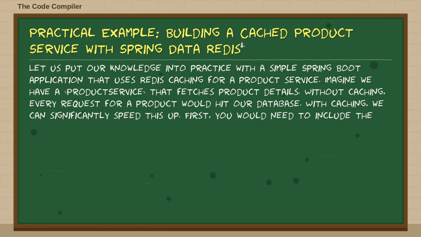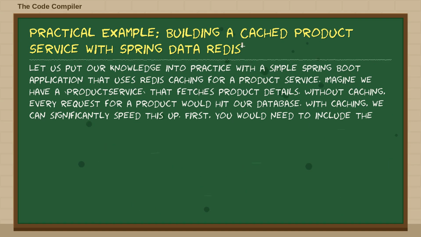Then, in your application.properties file, you would configure the Redis server host and port. For example, spring.redis.host is equal to localhost and spring.redis.port is equal to 6379.